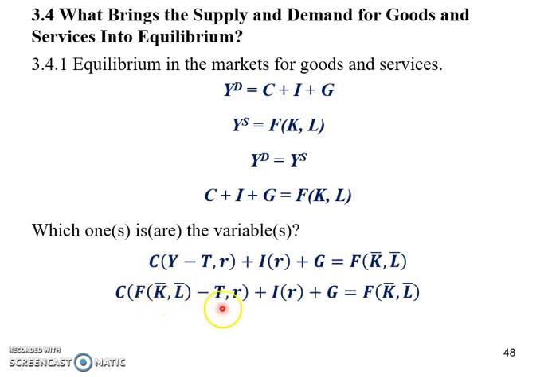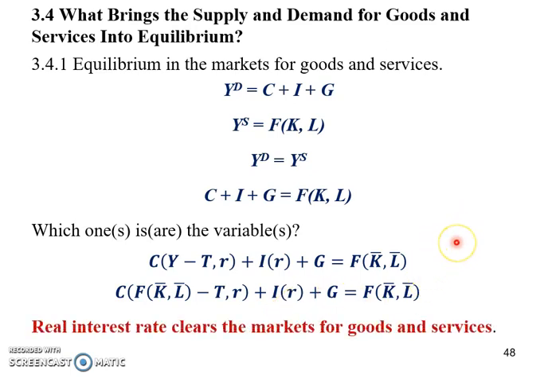All right. Here I guess it's crystal clear that everything is a constant except for R, which is the real interest rate. In other words, we're saying here, the real interest rate clears the market for goods and services. It moves up and down to make sure the aggregate demand for goods and services equals aggregate supply.